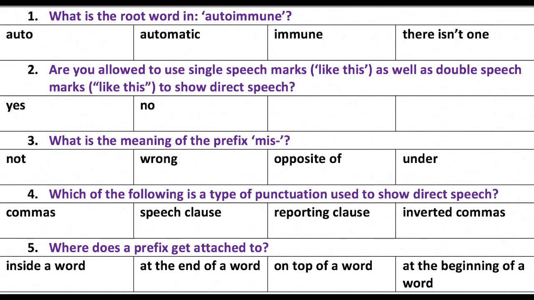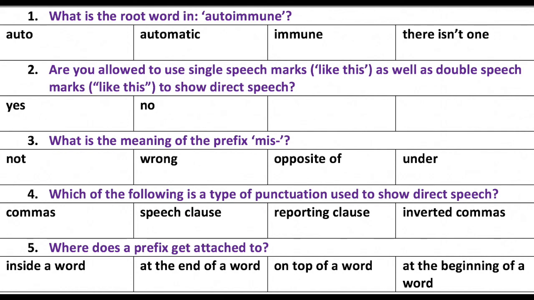Question 3. What is the meaning of the prefix miss? Is it not, wrong, opposite of, or under? Question 4. Which of the following is a type of punctuation used to show direct speech?